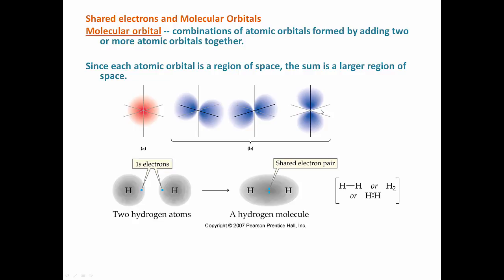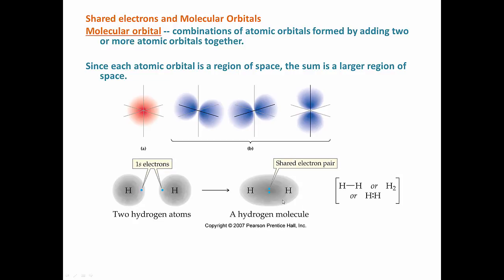We also talked about the p orbitals. Think about 2 hydrogen atoms. If they're close enough together, the 2 s orbitals will overlap, and we end up with a covalent bond. Notice that the molecular orbital is a larger region of space than the atomic orbital.